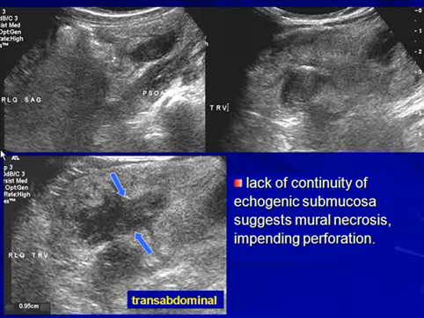I mentioned before that high-resolution sonography using the transvaginal probe can detect the various layers of the bowel wall. In this example of a more advanced appendicitis, we see transabdominally the psoas muscle and a hypoechoic structure that no longer has bowel signature. We've lost the echogenic submucosa, and this suggests mural necrosis as well as impending perforation.